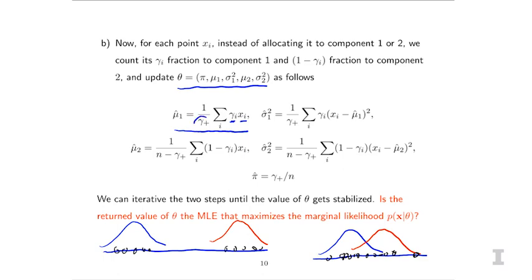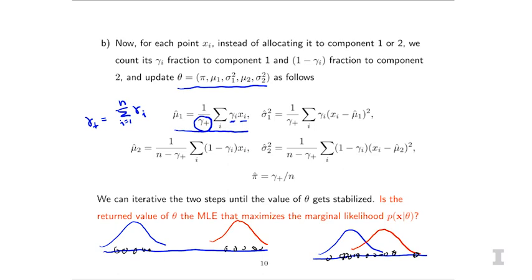And then we're just going to do a weighted average. So gamma subscript plus is a number: we sum gamma I over the index I from 1 to n. So gamma plus will be the total sample size for component 1. But of course, when we do the counting, we allow a fraction of them to belong to component 1 or 2.